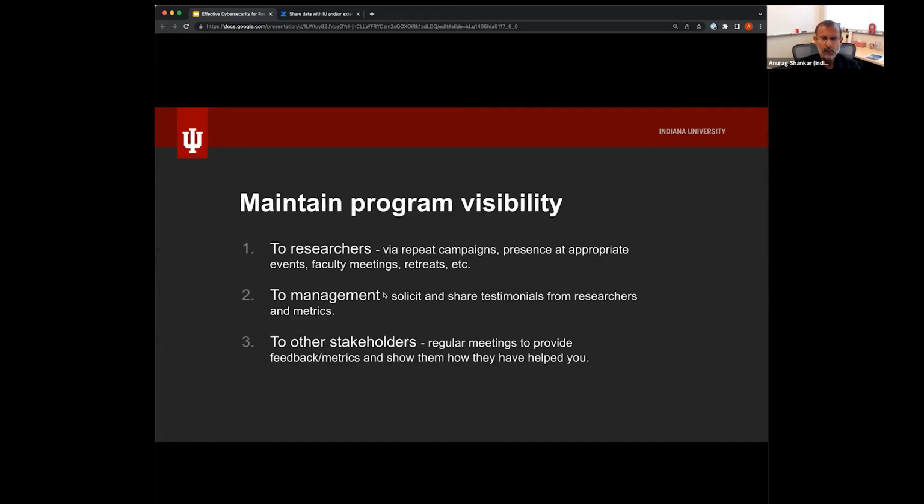Of course, it's very important to make sure that the program is visible to all the stakeholders, most importantly, perhaps, to management. And so you have to solicit testimonials from researchers who are especially appreciative. These have been very, very useful when asking for new funding, for example, and then of course for metrics.